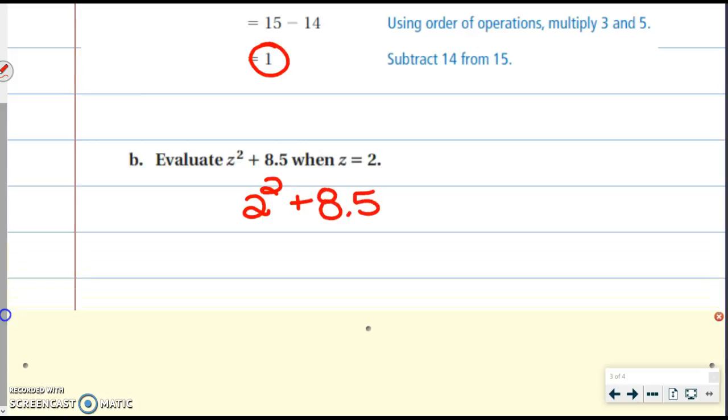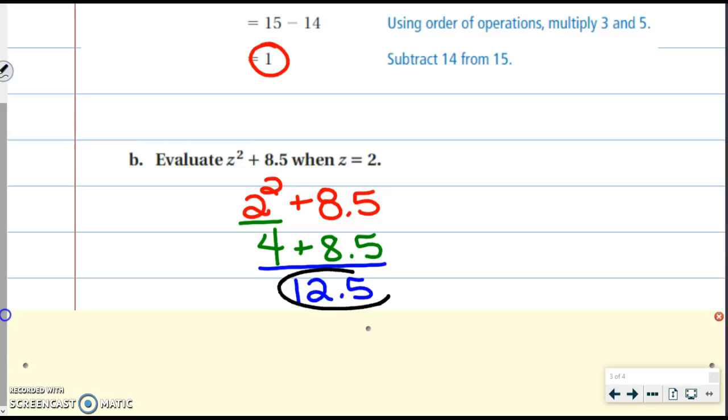As I walk through this problem, I know that 2 squared is 2 times 2, or 4, and then I can add 8½. And it's kind of like doing my same shelf method as with the order of operations now that I've plugged in my letters. So now this is my final step. 4 plus 8½ is 12½, and that is my final answer.